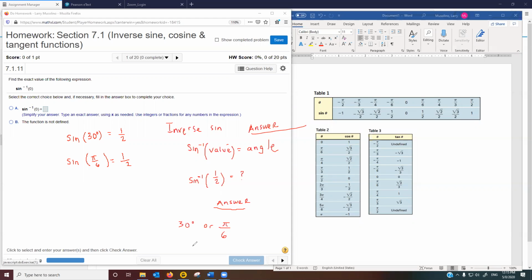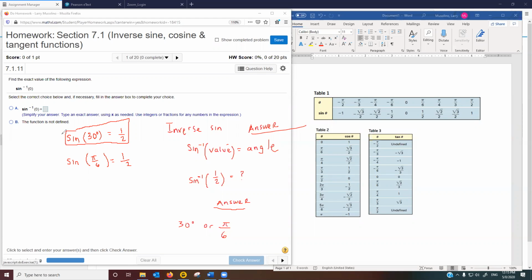All right, so inverse sine is really asking you a question where you're given a numeric value, and you're asked to find the angle. Notice that's the opposite of taking the sine of an angle and getting a numeric value. So we're really working backwards in a sense to undo the sine function.